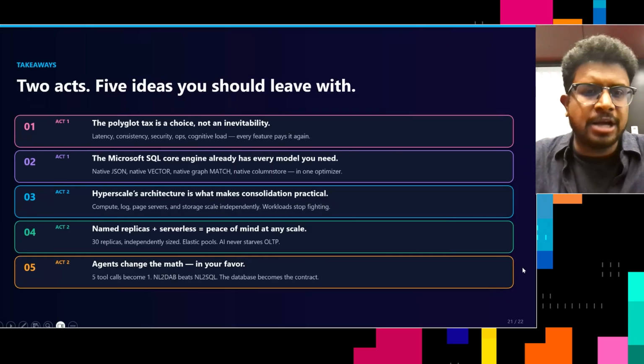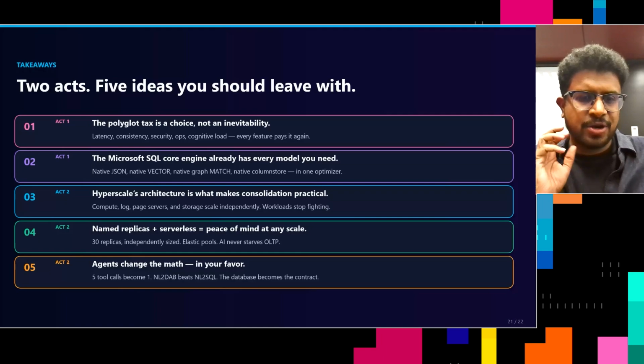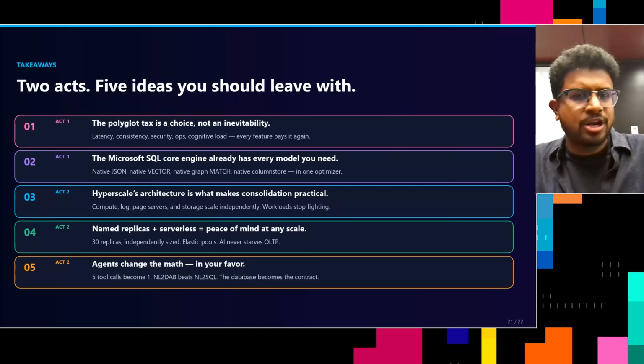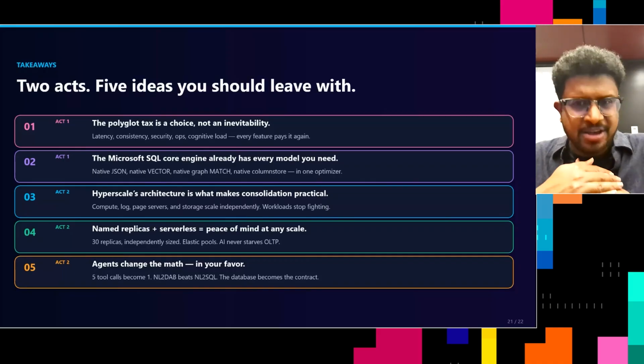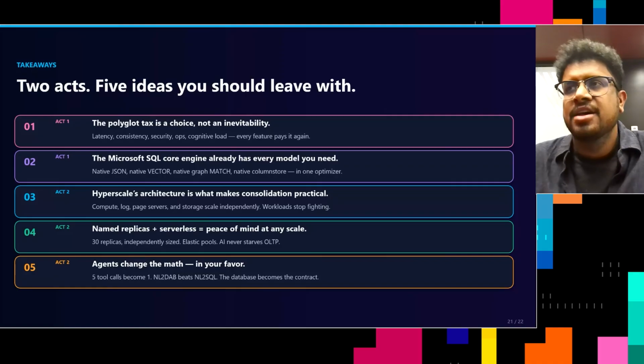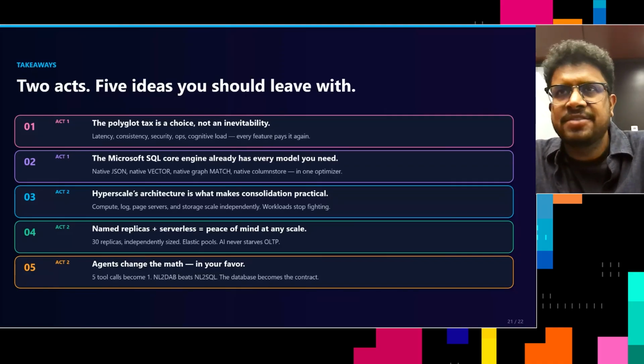So ultimately, what is here? Two acts, five ideas. I will leave you with this: polyglot tax is a choice, not an inevitability, which means it's not really needed to go down the polyglot tax path. But I also want to ground on a truth that one size doesn't fit all, right?